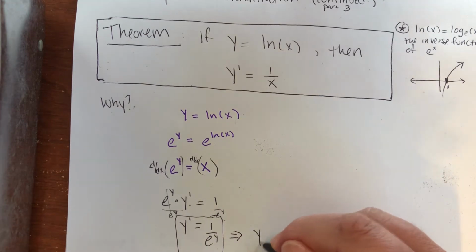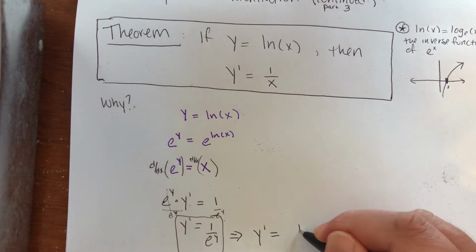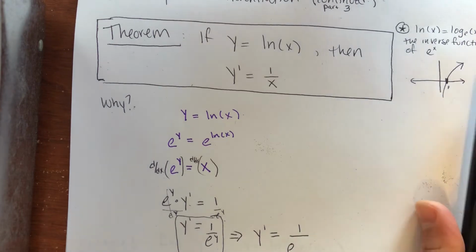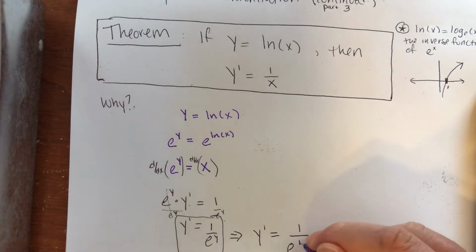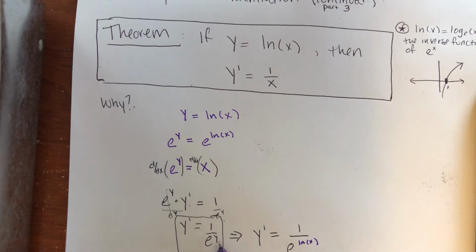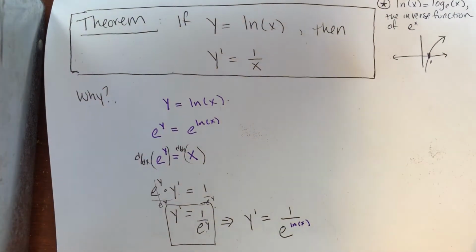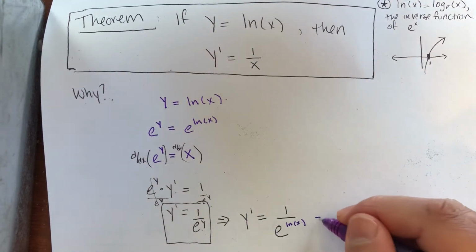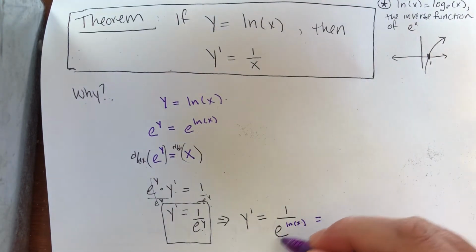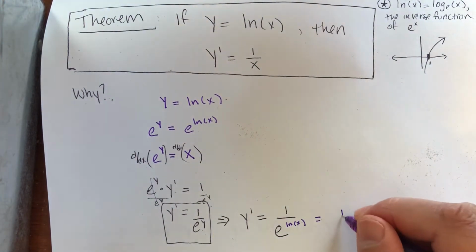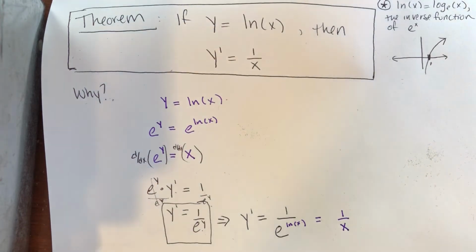So I can rewrite this as y prime is 1 over e to the ln of x power, right? Because y is equal to ln of x. That's how we originally defined y. Okay, and now one more time, e raised to the ln of x power, these are inverses, they cancel each other out. That's just equal to 1 over x.